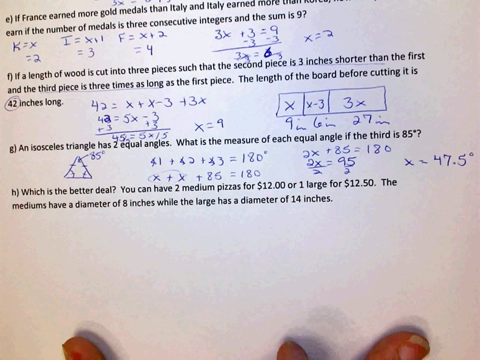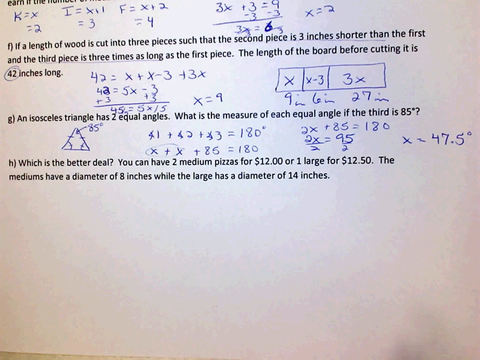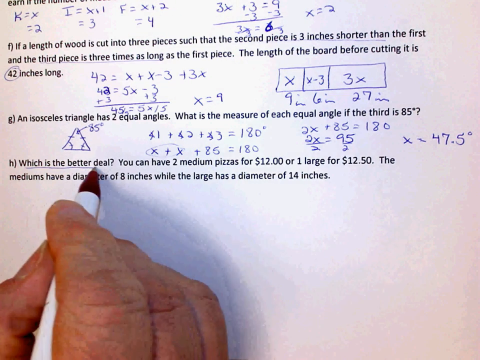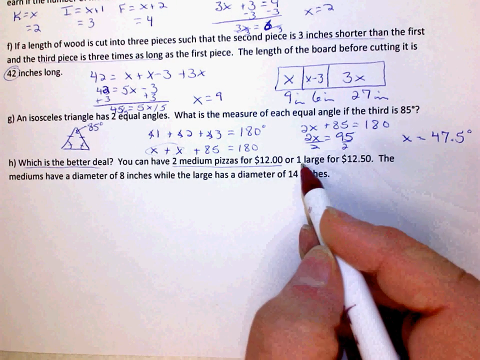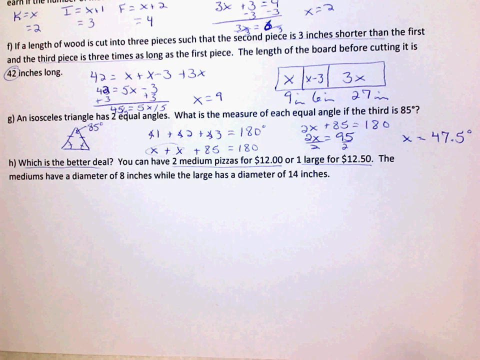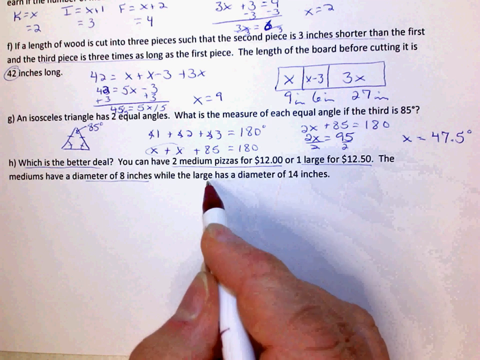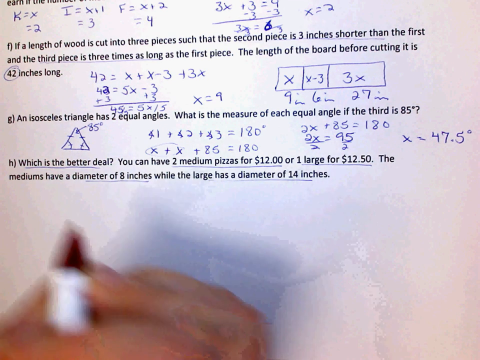Now, do you want to know a really good real-life situation that this applies to? Which one is the better deal? 2 medium pizzas for $12 or 1 large for $12.50? The mediums have a diameter of 8 inches. The large has a diameter of 14. Now, remember this.